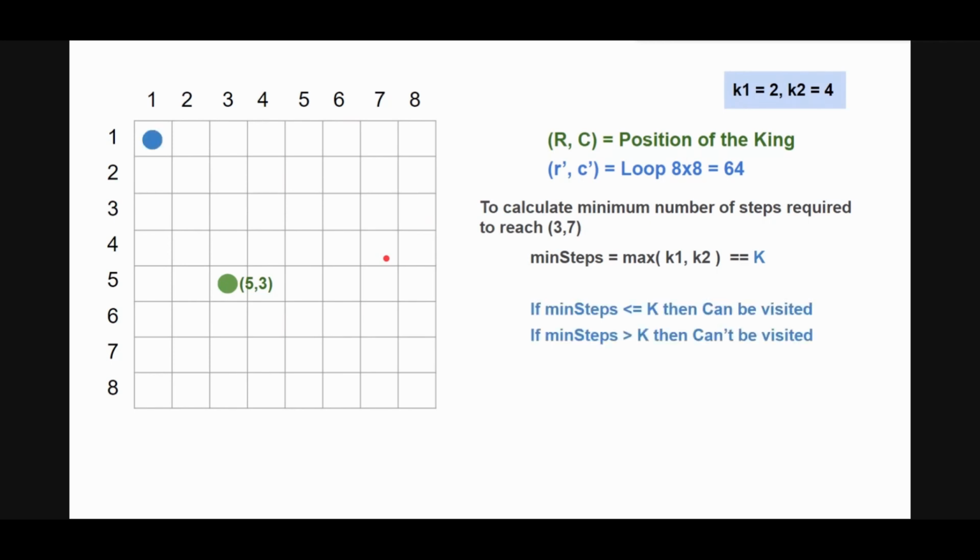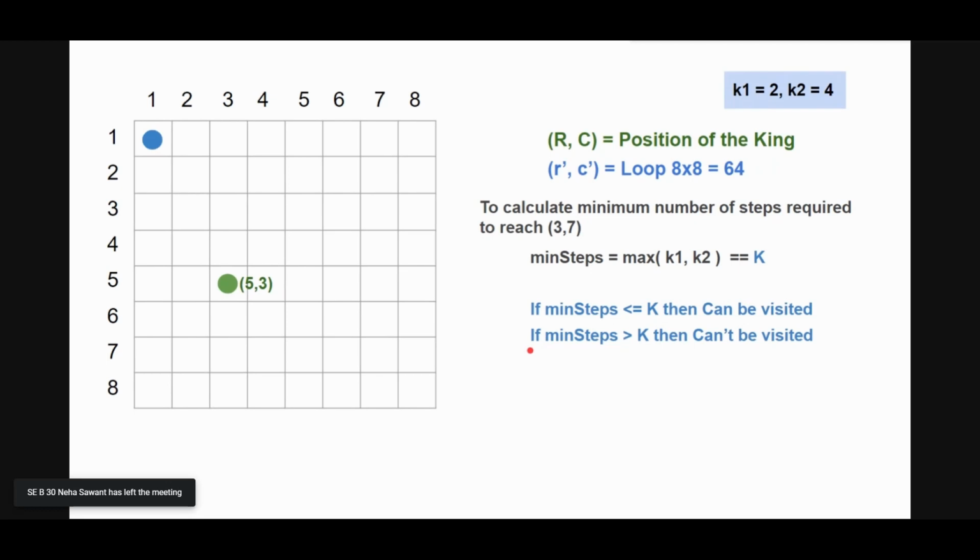Like this will be the first iteration. We will get the minimum number of steps by the max function. Then we'll compare this value with the user input k. If max of k1 and k2 is less than or equal to k, then the square can be visited.